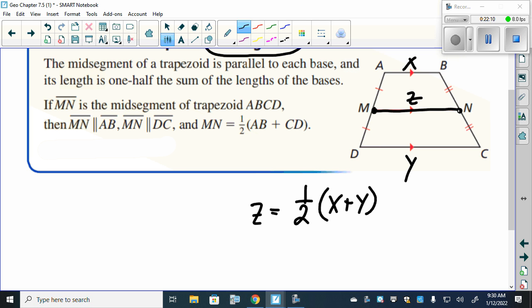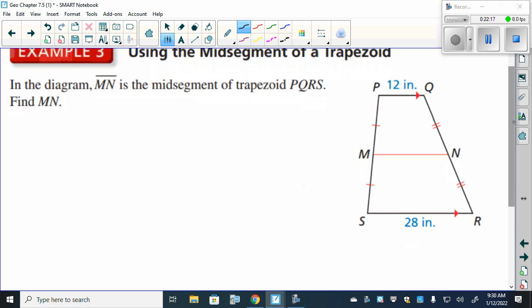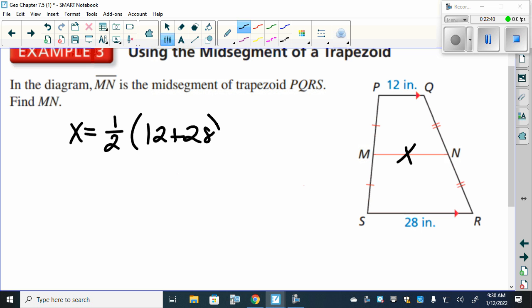Any questions on this here? So, we want to know what this mid-segment's length is. So I'm going to call it X is equal to 1/2 of what? So it'd be half of PQ plus RS, which is 12 plus 28.